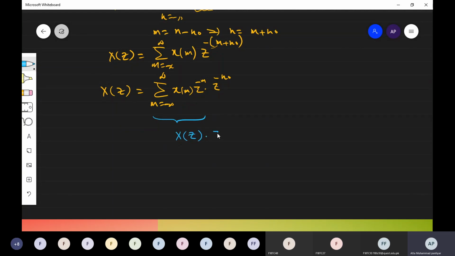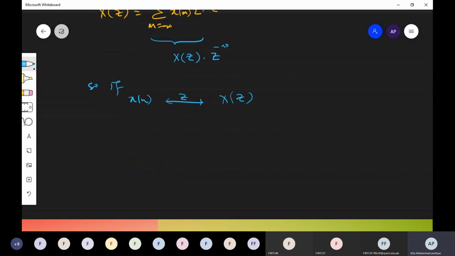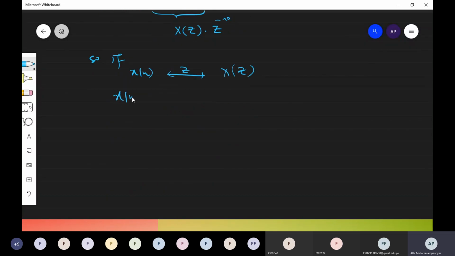And it is multiplied by z power minus n naught. So we can say that if x of n has Z transform x of z, then if we have a shifted signal x of n minus n naught, its Z transform must be z power minus n naught times x of z, right?